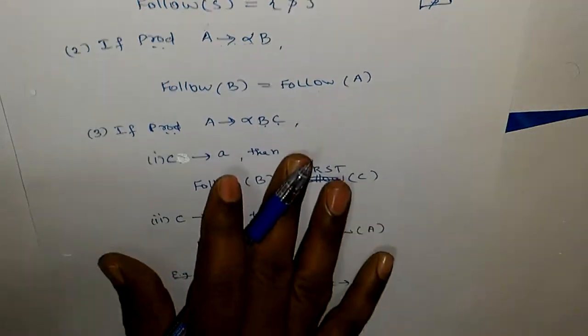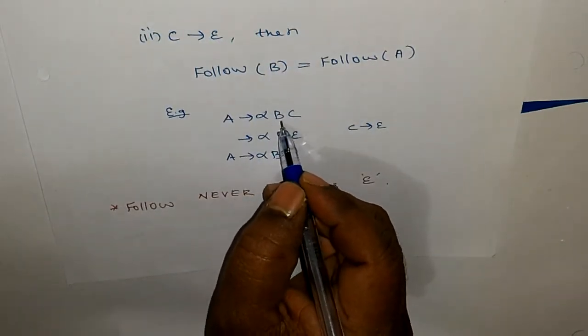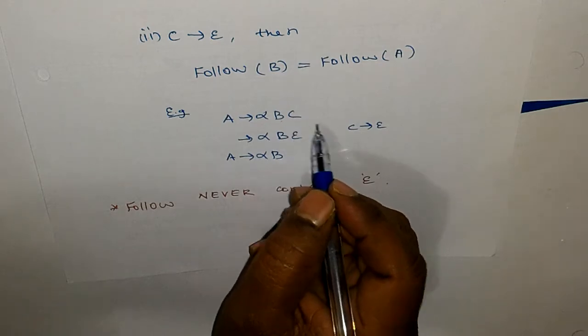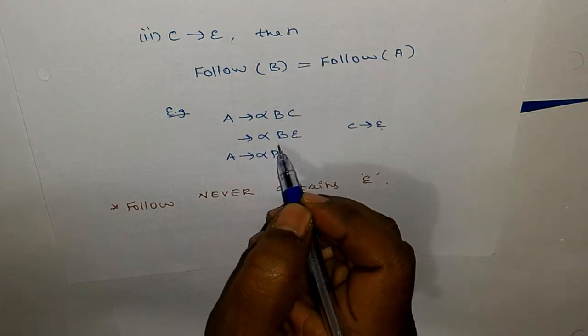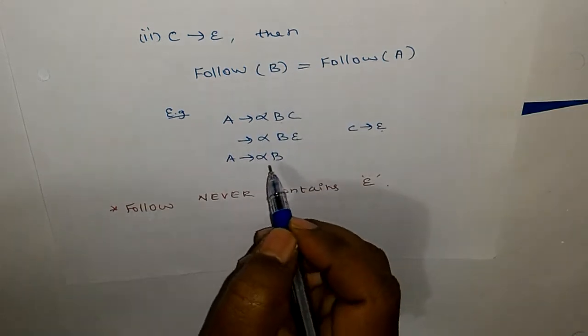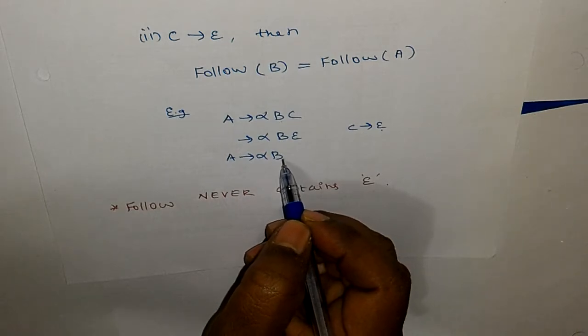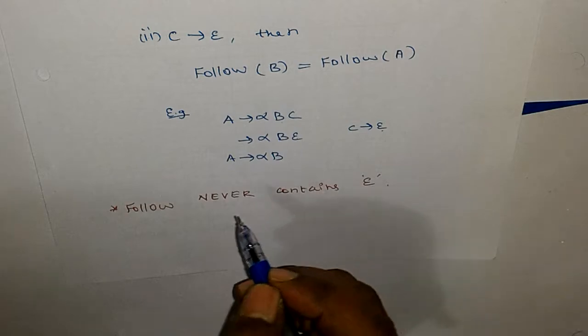So that is given here. So alpha B C, if C derives epsilon, then epsilon is substituted here, then it will become alpha B. So B is having nothing, so follow of B will be the follow of A. So that is the thing.